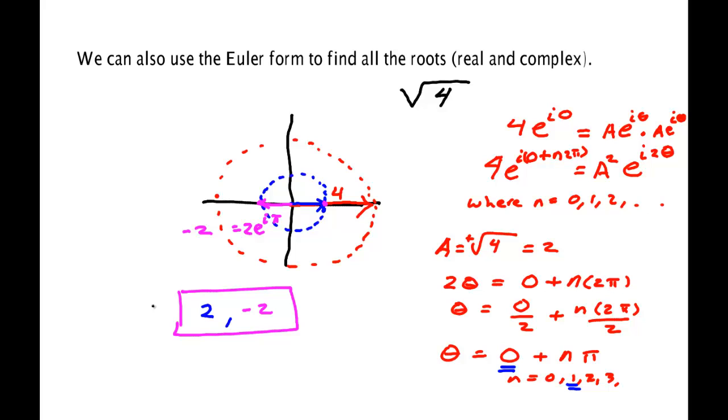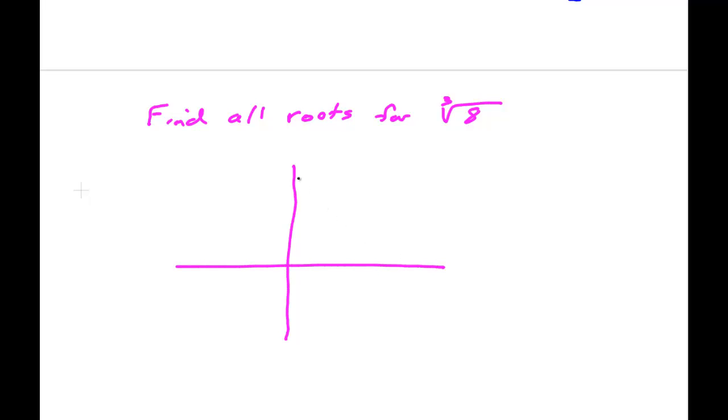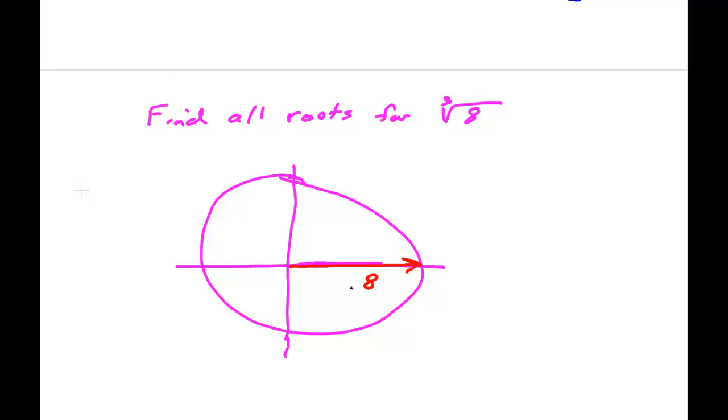Let me show you that by taking the cube root of 8. Find all roots for the cube root of 8. So the first thing we do, we draw a circle, and its length is 8.